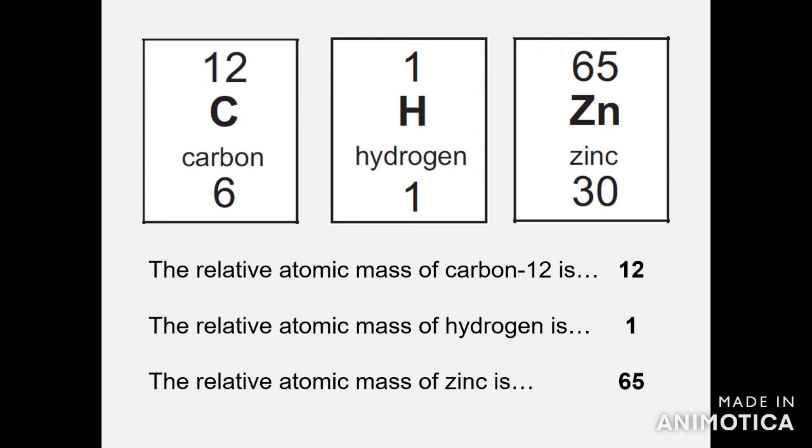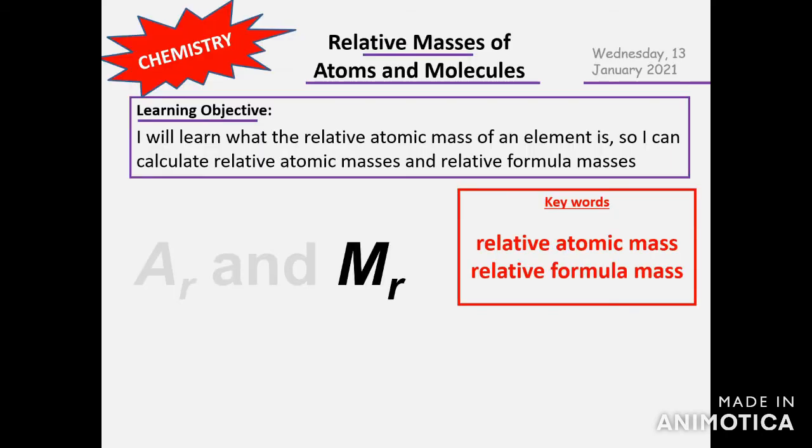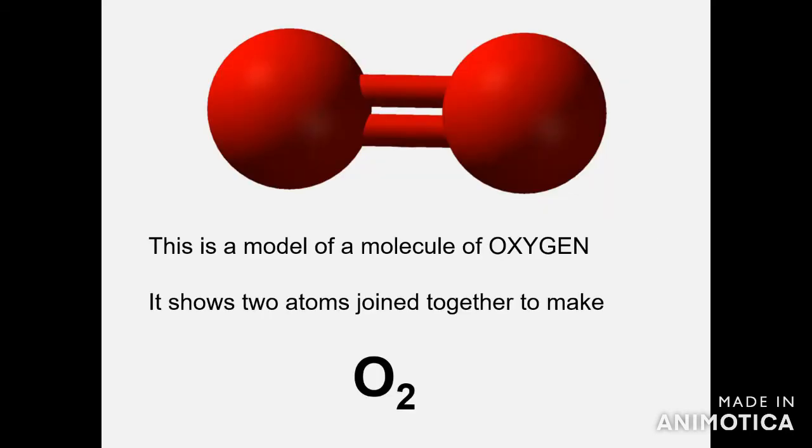Pretty simple. But let's have a look at the next thing. We've done relative atomic masses. What about the next part, the relative formula mass? Let's have a look. On the screen, you should be able to see two spheres joined together to form a molecule. Now, I'm not going to tell you any more of that. You should know what that picture represents.